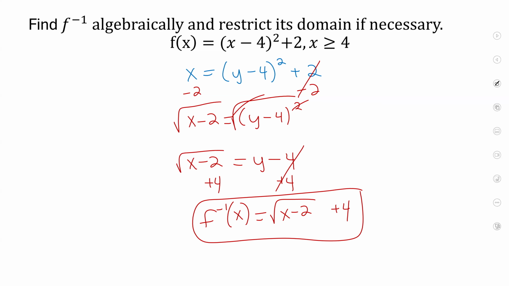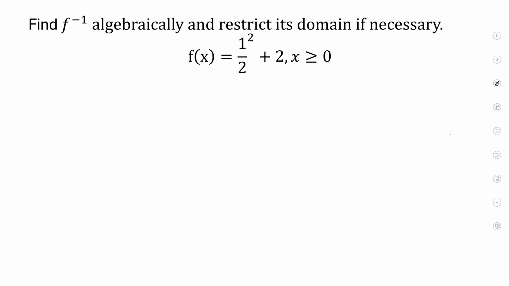That's your answer. I'm going to solve the next one. You shouldn't be looking until you have tried it on your own. Don't give up quickly.